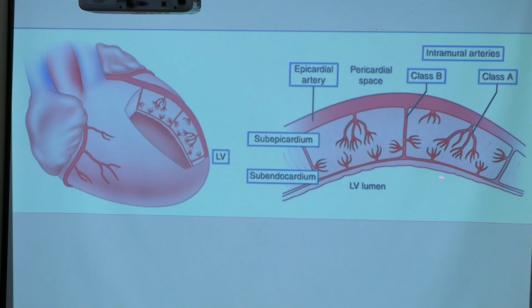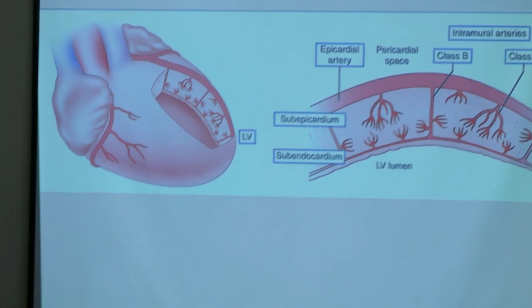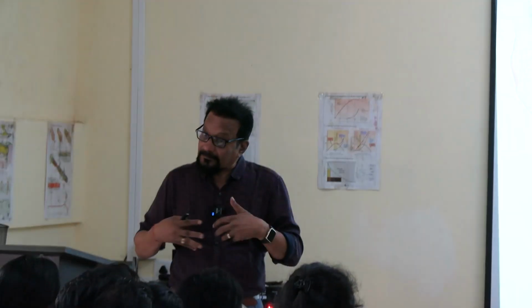I already told you this layer is very susceptible. That's why the anatomical and physiological system has been modified so that it doesn't face so much difficulty. Some arrangement is made so that even during difficulty it can get an adequate amount of oxygen and nutrients.